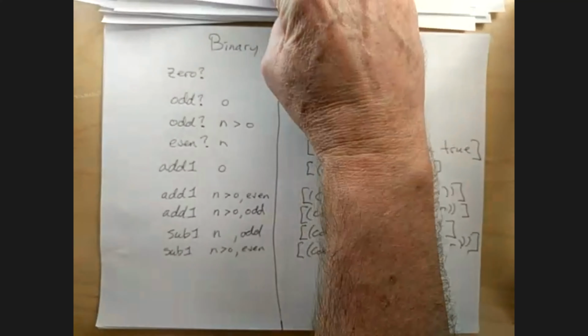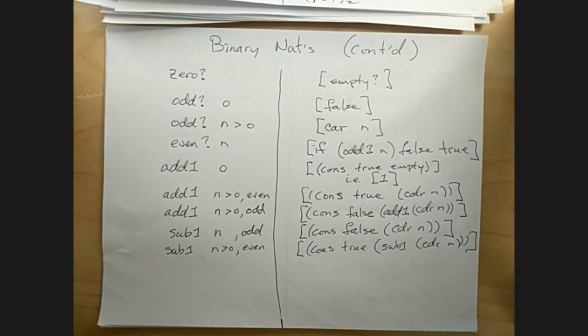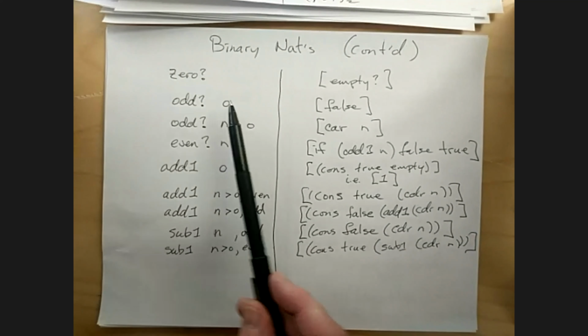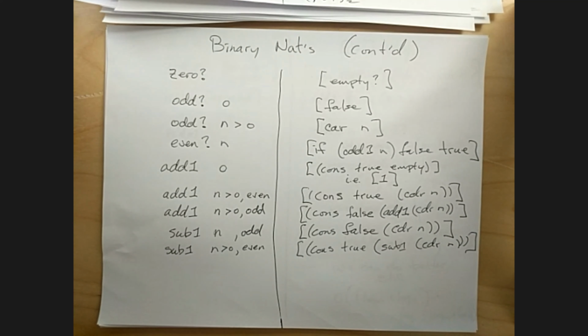How are we going to implement stuff using binary natural numbers? Well, 0 is just the same thing as empty. And as a couple of helper functions, I'm going to show you how to define odd and even. Odd of 0 is going to be false. So 0 is not an odd number.